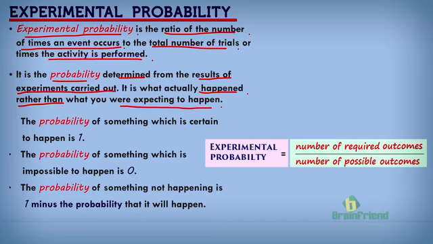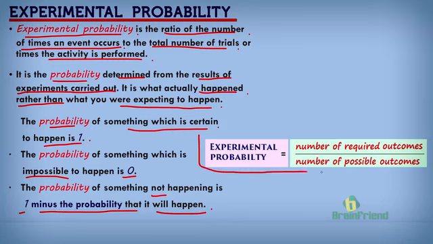We said earlier that the probability that something is certainly going to happen is 1. Remember, we drew the probability line. While the probability of something that is impossible is 0. The probability of something not happening is therefore 1 minus the probability that it will happen.